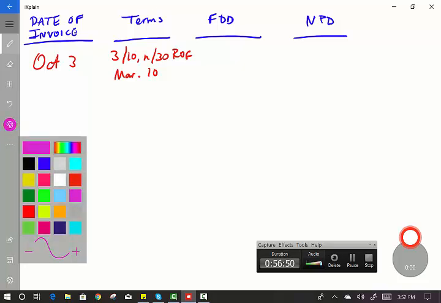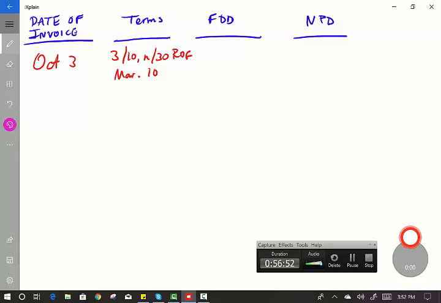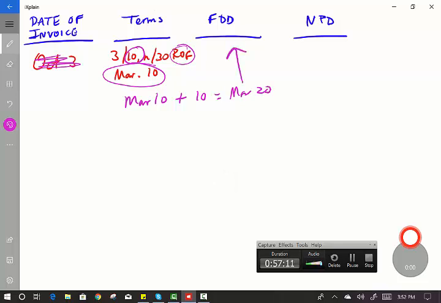Okay, so therefore, since the terms is receipt of goods, don't pay any attention to October the 3rd, use March the 10th. Take March the 10th plus 10 days in the terms equals March 20th. That's your final discount date.